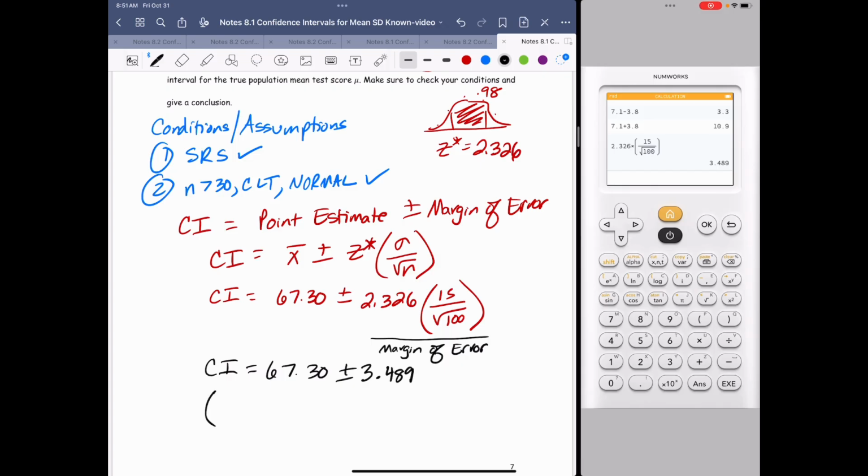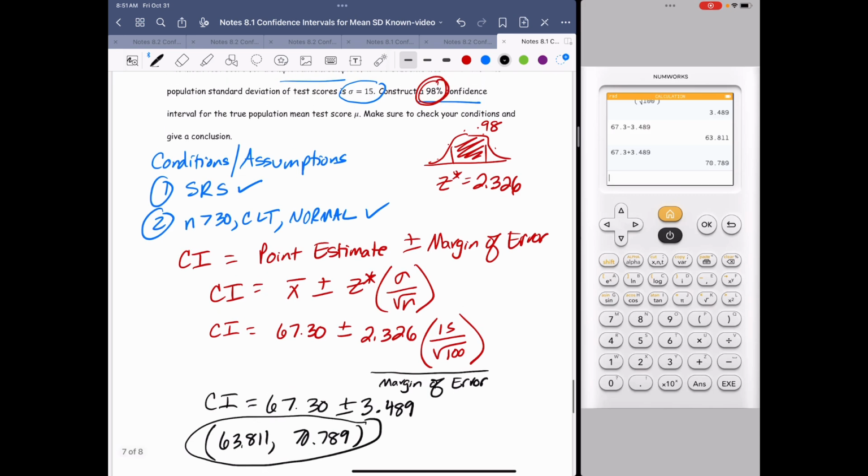Then I'm going to do 67.30 minus 3.489, which is 63.811. And 67.30 plus 3.489, and I get 70.789. And that's my confidence interval.